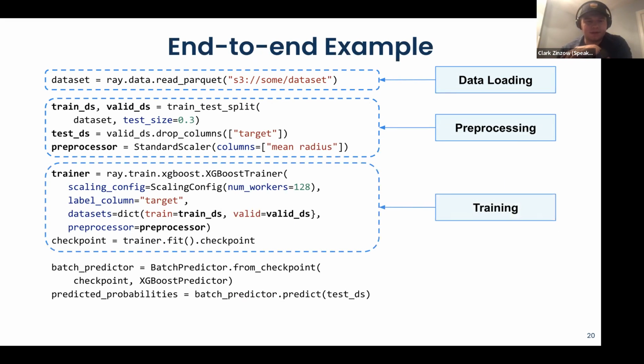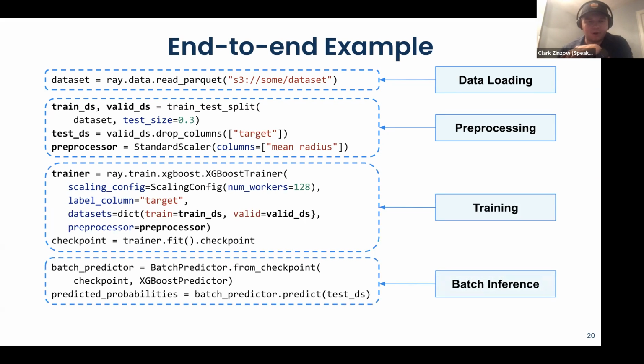You then specify how you want to train the model. Here we're training it with XGBoost. And then finally, we perform our batch inference. So this is basically a single slide showing data loading, pre-processing, training, and inference, all using these high-level declarative APIs.